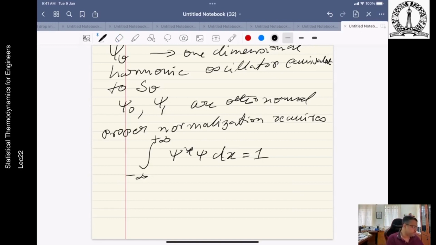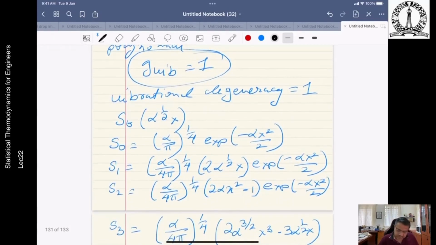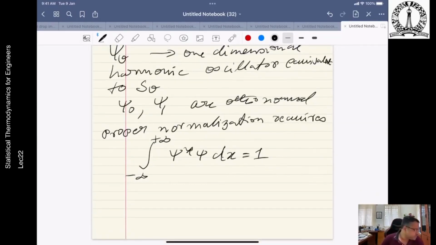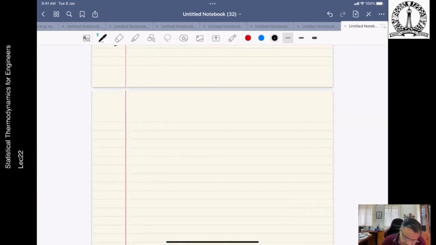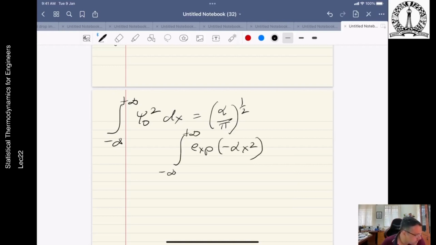If you look at the numbers that we just pulled out, for v equal to 0, the integral of psi naught squared dx is equal to (alpha divided by pi) to the power of half, times the integral from minus infinity to plus infinity of exponential of minus alpha x square dx.